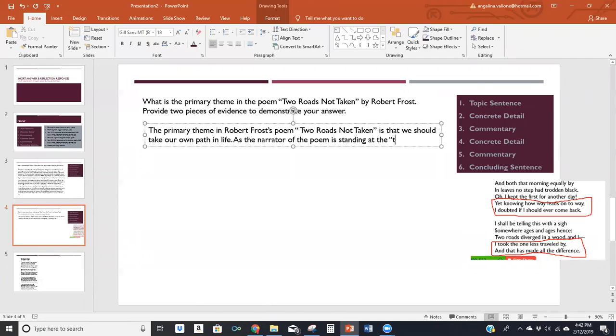So as the narrator of the poem is standing at the top, or is the narrator of the poem, no, I don't like the way I want to go with it. Okay, so the narrator is having to decide between two paths, and he, I'm going to change it to they, describe both paths and have to make a choice.